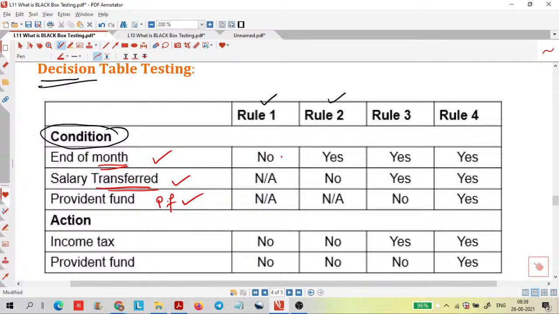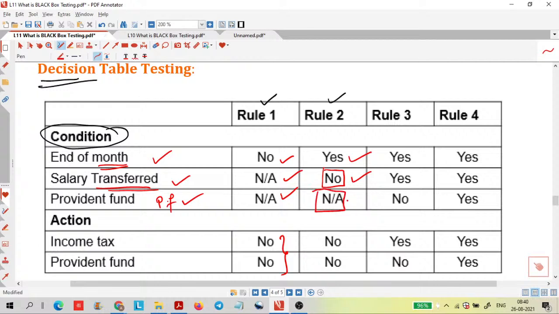Rule 1: end of the month is no, means this is not the end of the month. Then there is no salary, no provident fund. The action means no income tax, no provident fund. Then the second rule: end of the month yes, salary transferred no. Here salary transferred no indicates no provident fund.